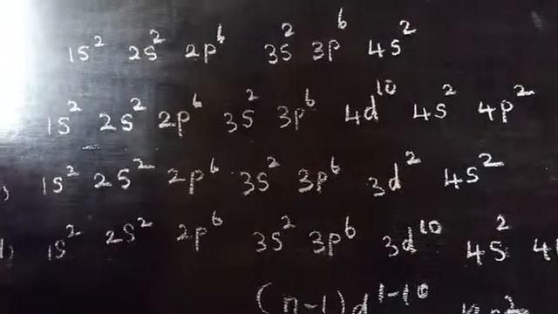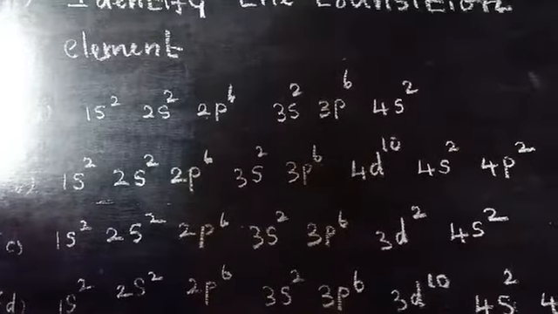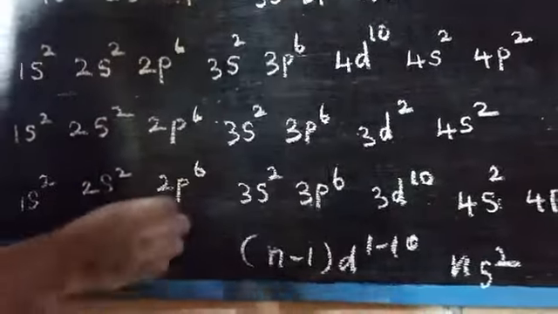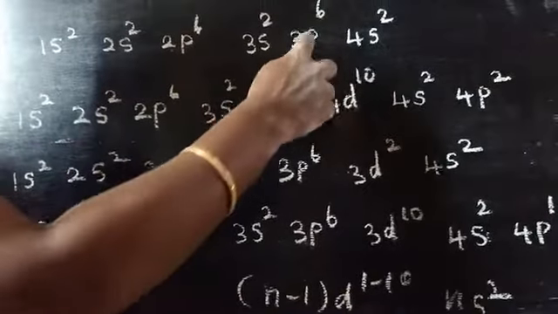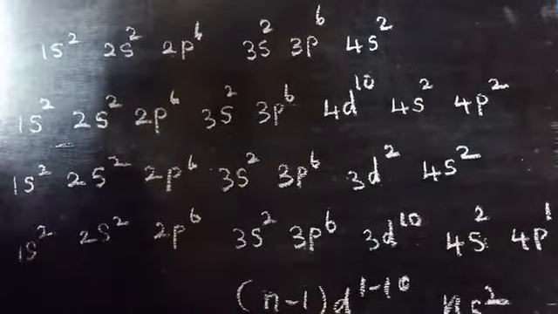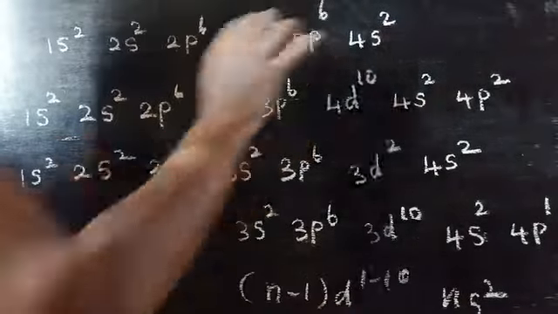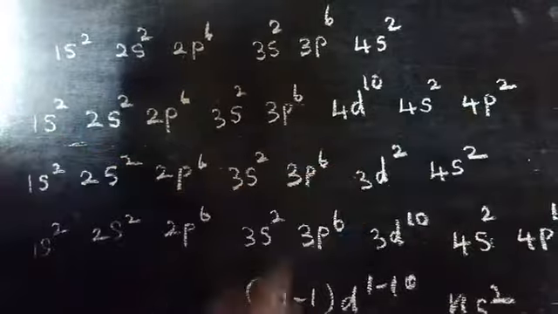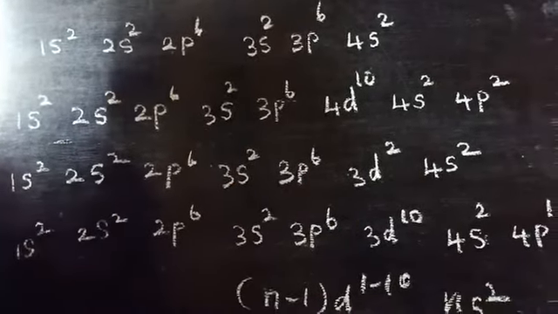Based on this, see the outer valence electrons. Here 3s2, 3p, 4s, no d orbital, so leave it. Next, the last one is a p orbital, leave that also.